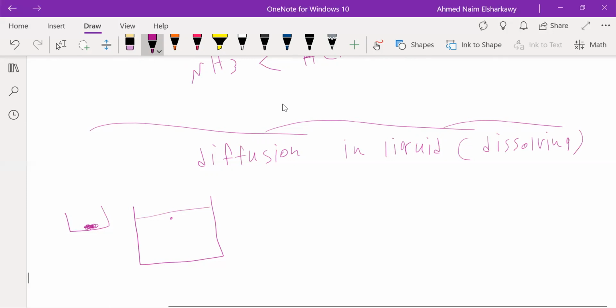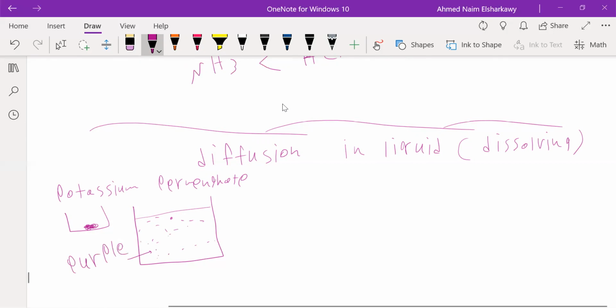So what will happen to this potassium permanganate? It will start to diffuse. So what will happen after a while to the color of the solution? It will start to turn purple. That is the same color as potassium permanganate. Okay.